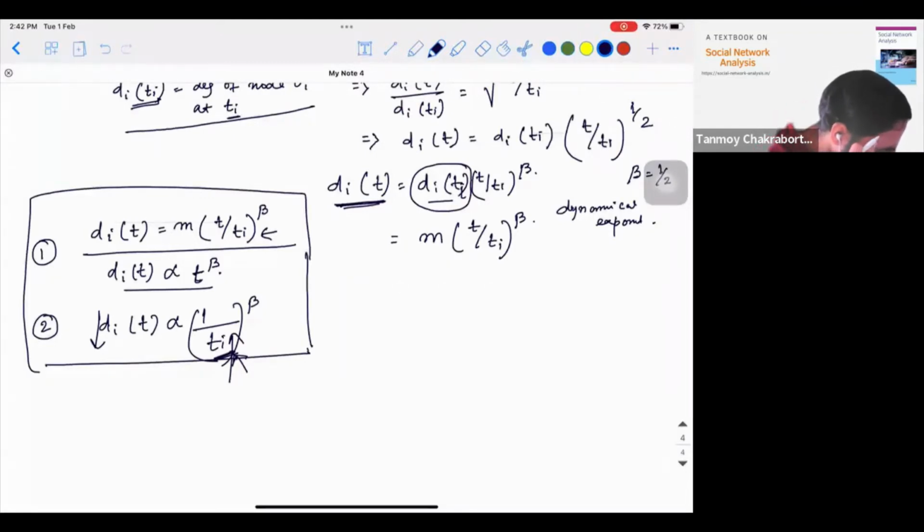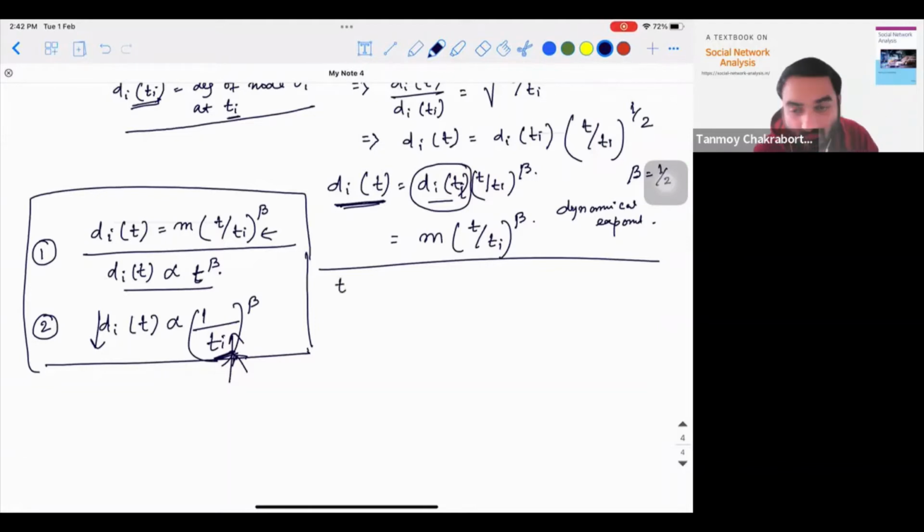Now, note that at timestamp t, again, what's our aim? Our aim is to derive the property Pk, and we'll see whether Pk is proportional to something to the power minus alpha or minus beta or not.